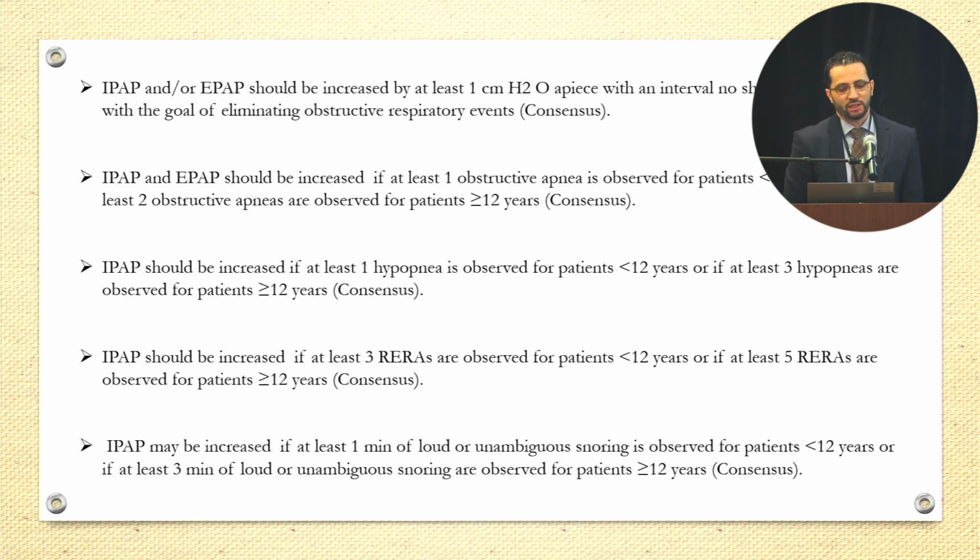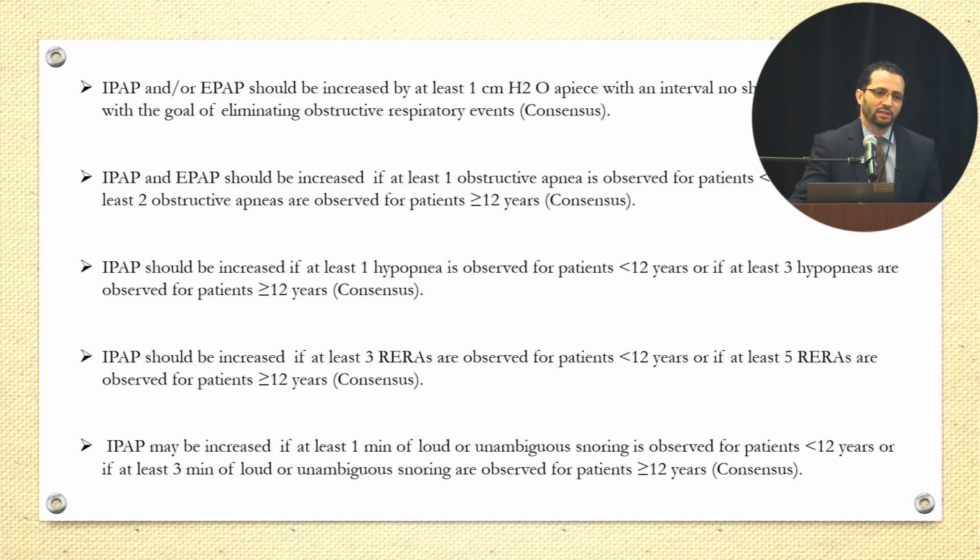Again, your IPAP and EPAP should increase gradually, minimally by 1 centimeter of water pressure, and not less than 5 minutes apart, for the same reason, so that we have a good titration. IPAP and EPAP should be increased for obstructive apneas, because EPAP helps with that.